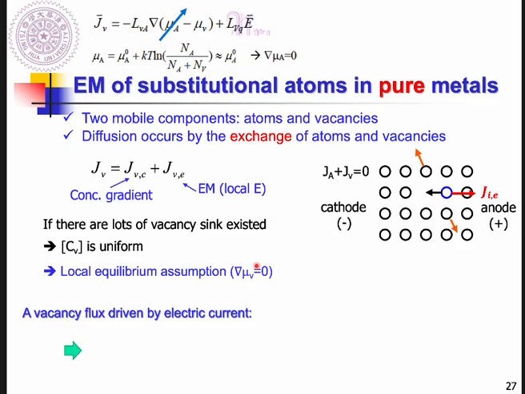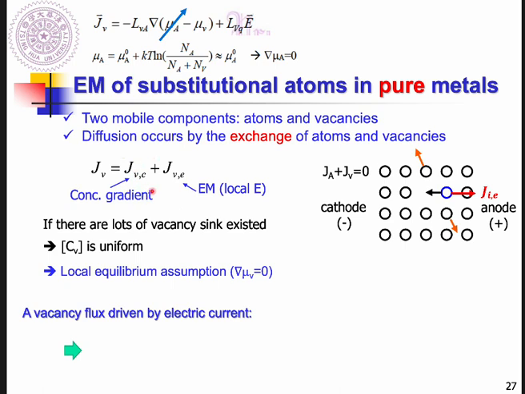I mean, the chemical potential of a vacancy is constant everywhere inside these materials. So the gradient of mu V equals 0, which means the vacancy, no matter where it is, has the same chemical potential, mu V.